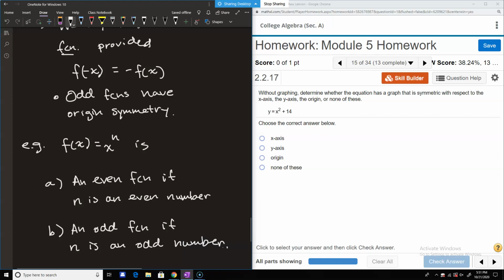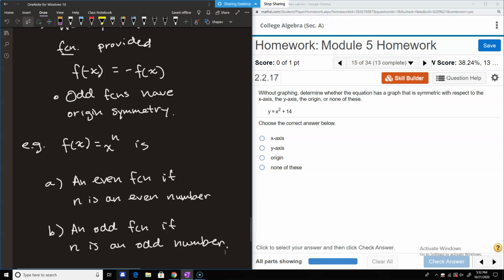Right? And that makes sense. If you just think about x squared, if you do 3 squared or negative 3 squared, you get 9, right? If you do negative 8 squared or 8 squared, you get 64. Let's say you did the third power, though, an odd number. If you do 2 to the third power, you get 8. But if you do negative 2 to the third power, you get negative 8.